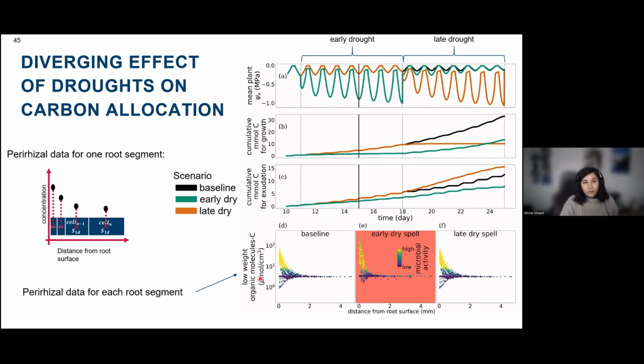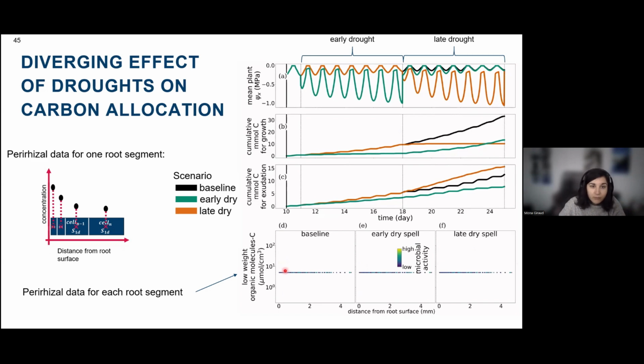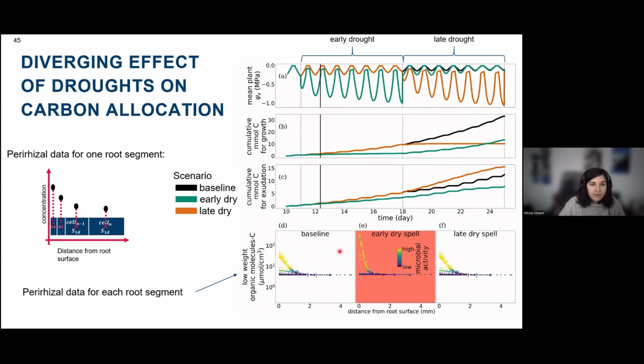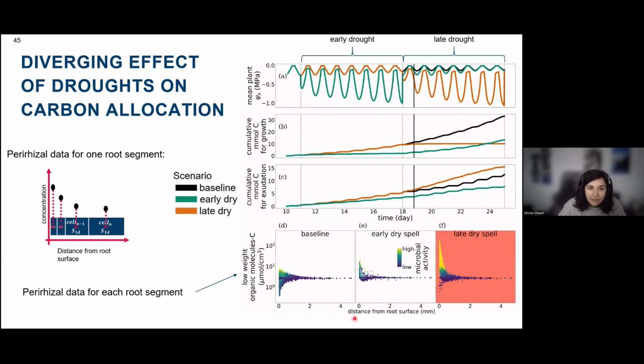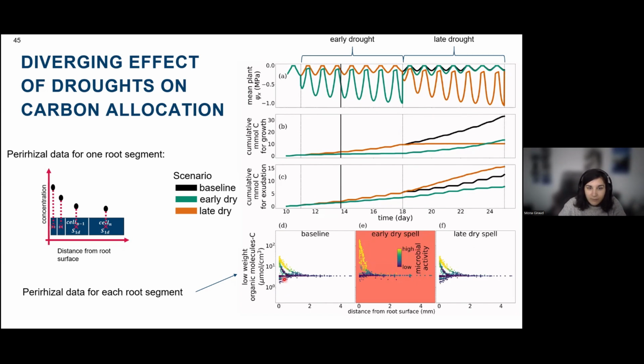So as I said also before, we have one perirhizal zone model for each root segment, and so here it's all of the rows of our perirhizal models of all of our root segments for one root system. And they are ordered along the x-axis according to their distance from the root surface. So it means that here it's all the points that are directly at the root-soil interface, and here we are further away from the roots.